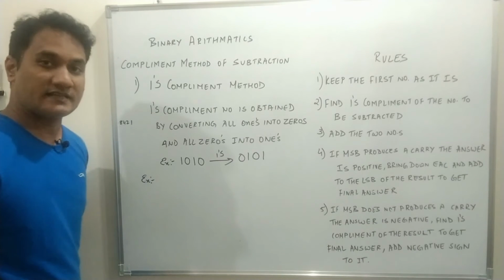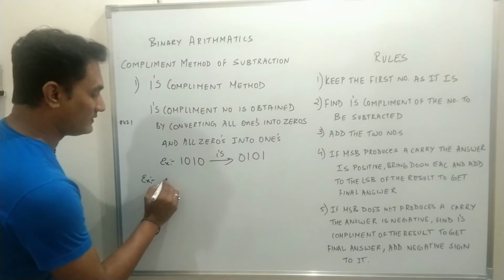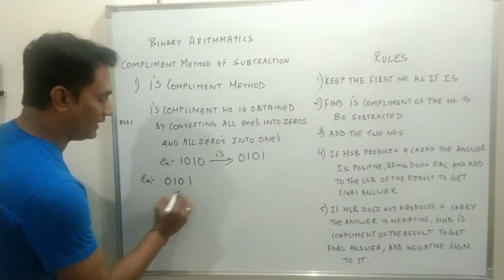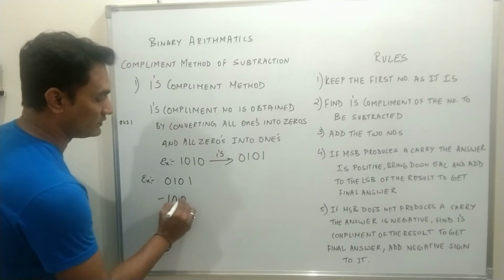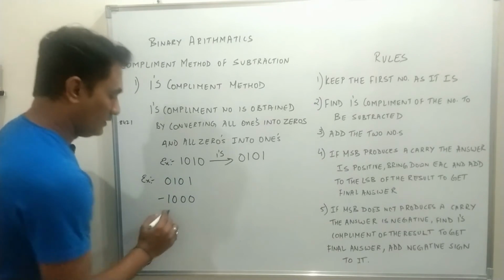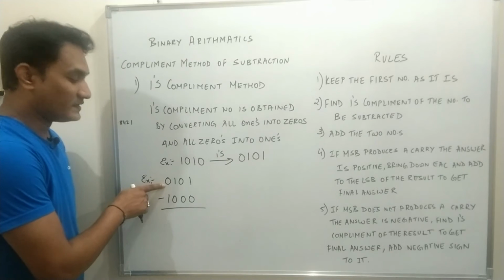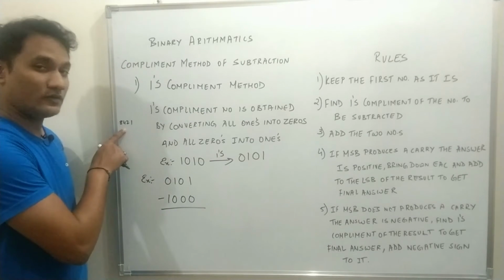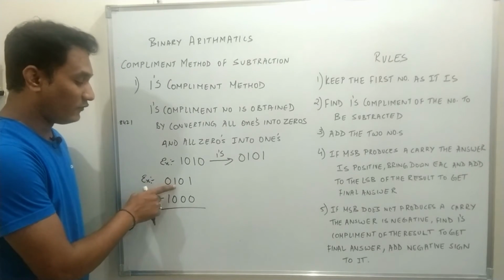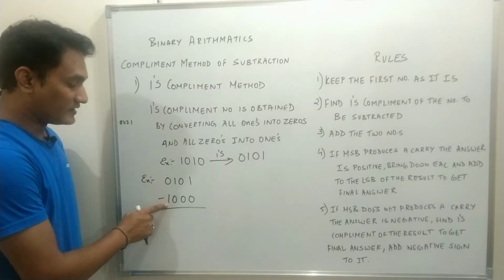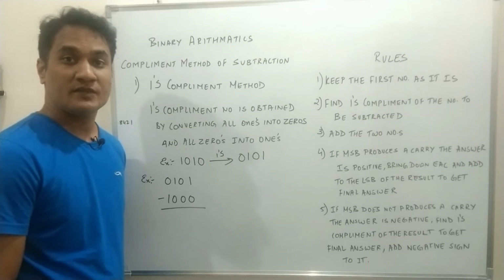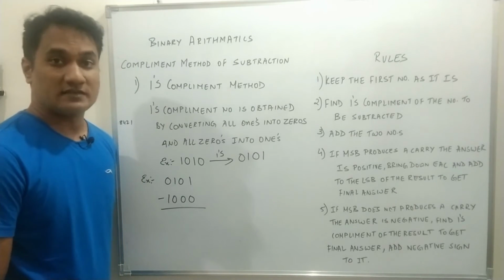Let us say in this example we will take 0 1 0 1 minus 1 0 0 0. So what you can see is this is 0 1 0 1. According to 8 4 2 1, it is 4 plus 1, that is 5, and this one is 8. So 5 minus 8, of course the expected answer is minus 3. So the answer will be negative.